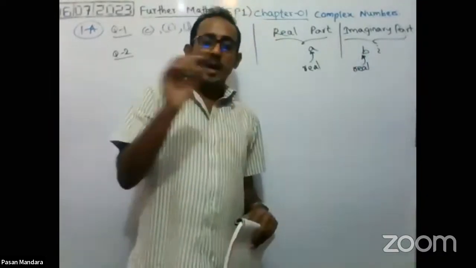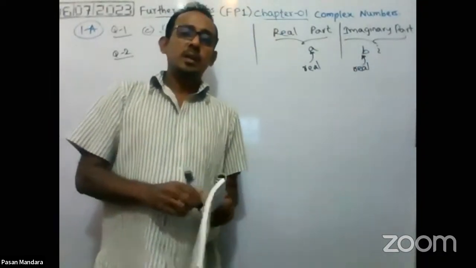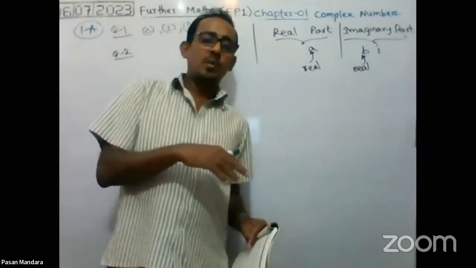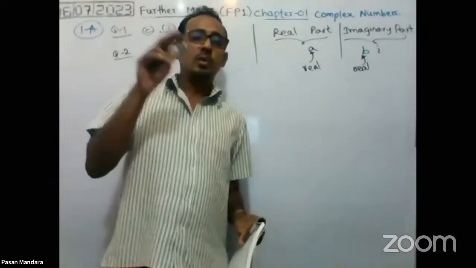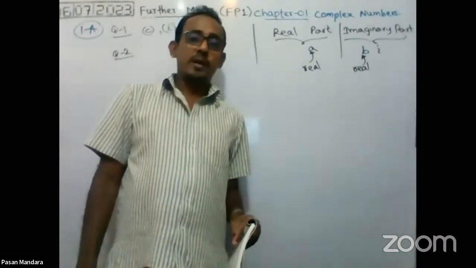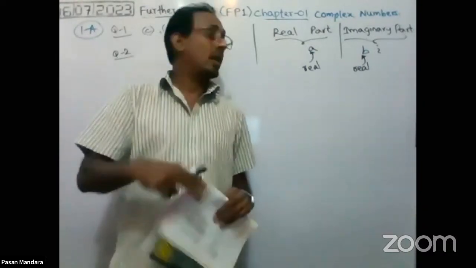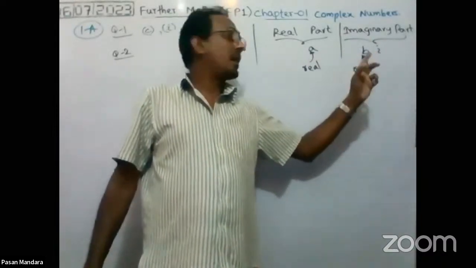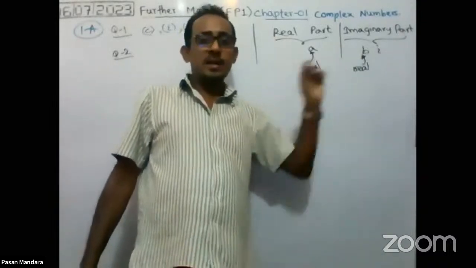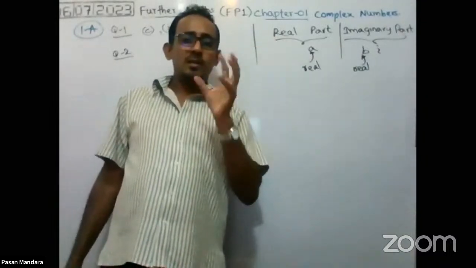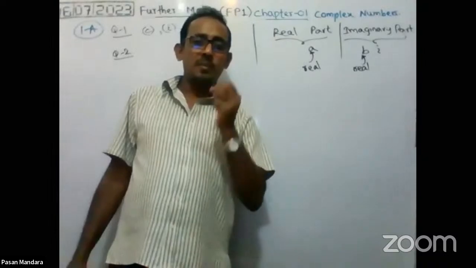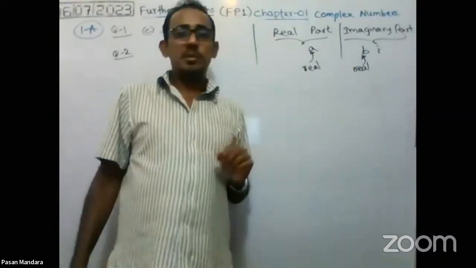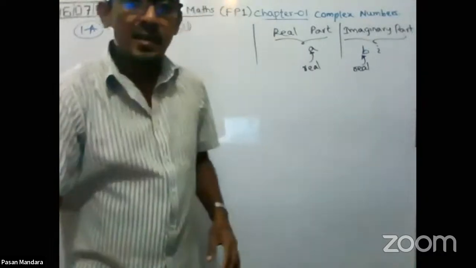Even though the bi part is imaginary, earlier we got, say, square root of minus 4. 4 we take out as 2, so 2 into square root of minus 1, 2i. So 2 is real. Even though that's the imaginary part, this number is real, and i stands for square root of minus 1. That's the feature: in all imaginary numbers, i is multiplied by a real number. So then we can get the standard form of a number.